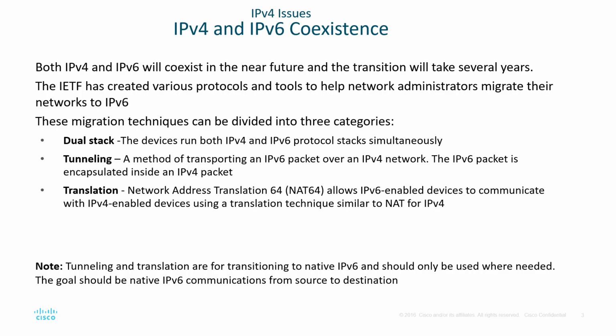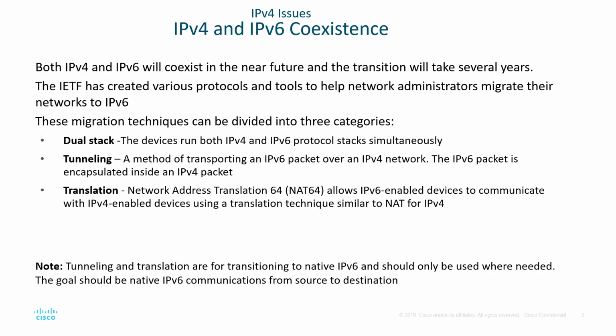Network Address Translation 64, or NAT64, is going to allow IP version 6 enabled devices to communicate with IPv4 enabled devices using a translation technique similar to NATing for IPv4. NATing for IPv4 or IPv6 was never intended to be the end-all be-all, the end solution.